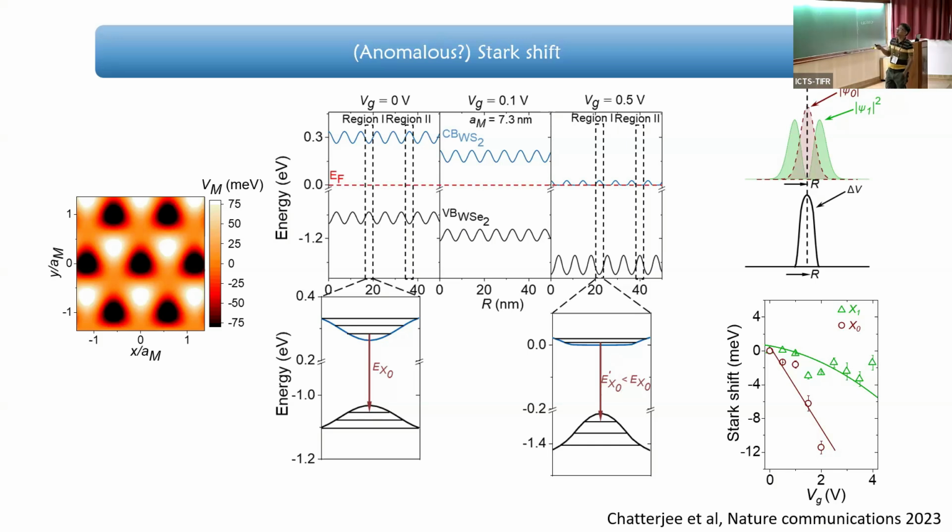If I just do a simple qualitative perturbation calculation, obviously this guy will have maximum perturbation, while the overlap is minimum with the green one, which is psi one, so that will go to 0. So eventually what I'm saying is that this guy, which is x0, will see a linear Stark shift.